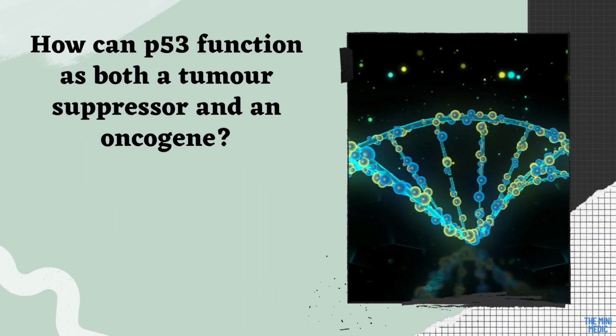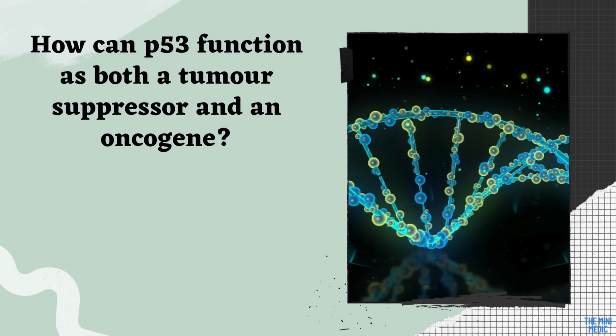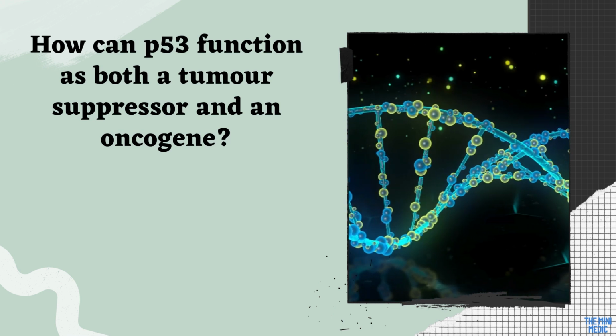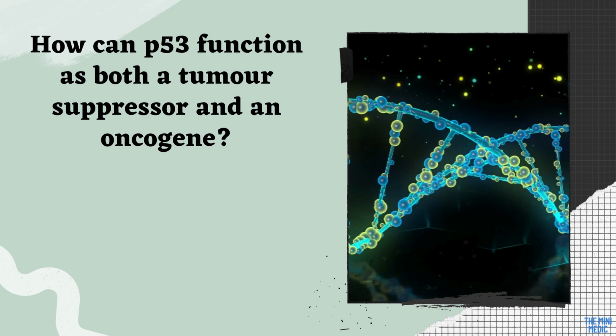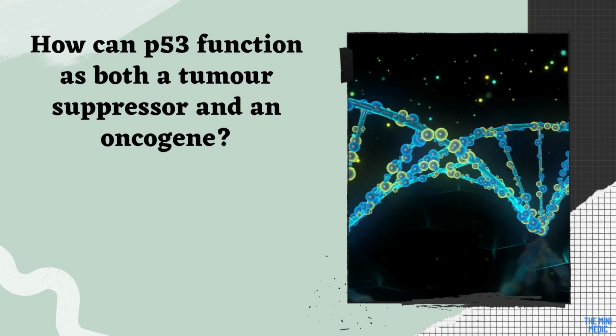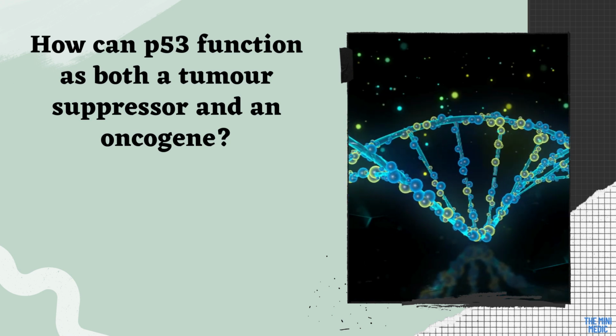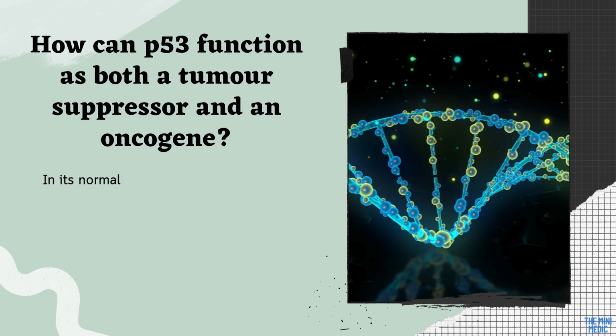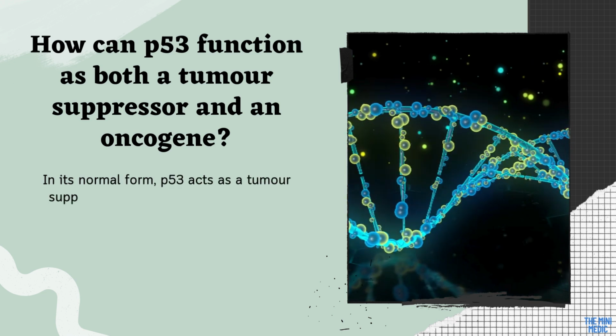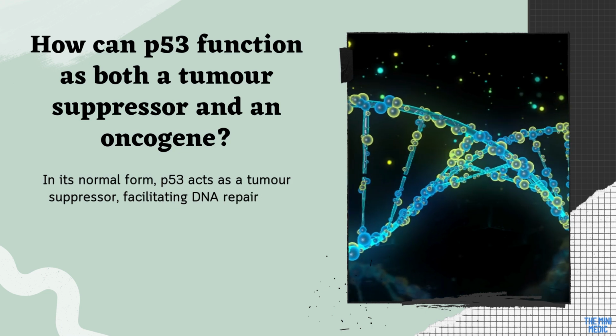So, circling back to my initial point about p53, a tumor suppressor, also being able to act as an oncogene. The key point to understand here is that when p53 is inactivated, key tumor suppressing pathways are essentially disabled.